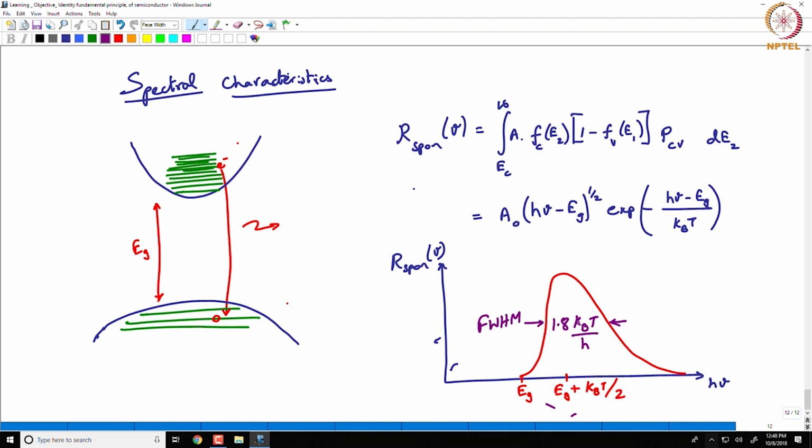And the interesting thing is you see that all of these are constants, kB and h is the Planck's constant, so they are constants, but T is the only variable.